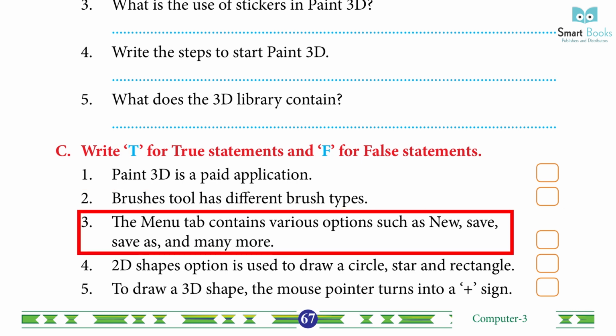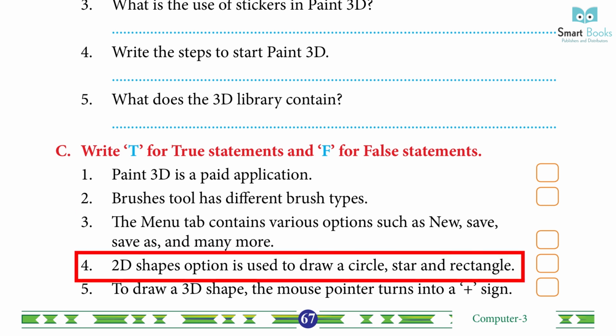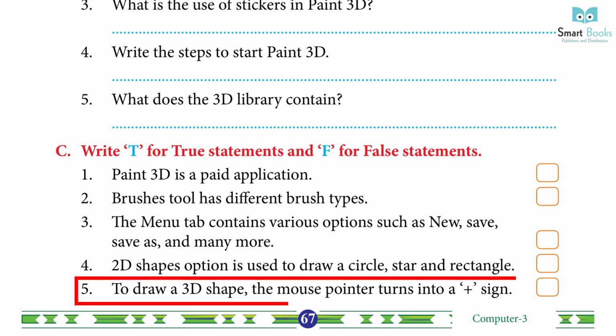The menu tab contains various options such as new, save, save as and many more. Answer: True. 4. 2D shape option is used to draw a circle, star and rectangle. Answer: False.